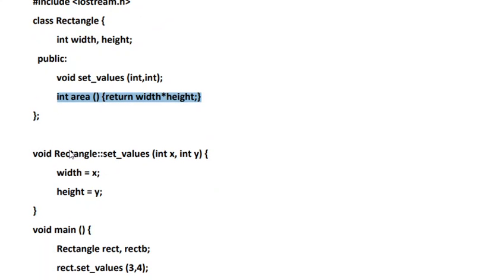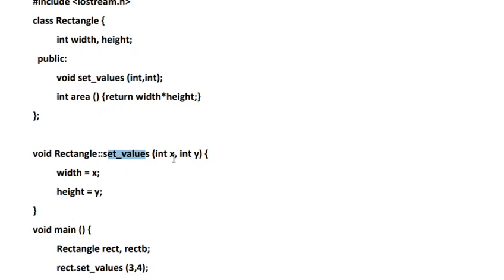Now, whenever a function is defined outside the class, we write the return type, we write the class name, we use the scope resolution operator, and we specify the function name. This we have already learned in the previous class. So whenever we are defining a function outside the class, we need to use the scope resolution operator in order to depict the class to which the function belongs.